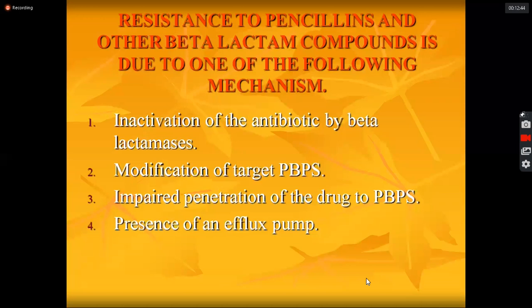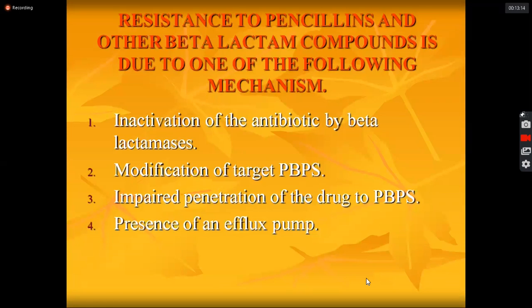Fourth is the presence of an enzyme produced by the bacteria, which, as I told you, could inactivate the drug. In the case of penicillin, the antibiotic is rendered inactive by the enzyme produced by the bacteria, that is the beta-lactamase. This is the most important mechanism of resistance seen in the case of penicillin, that is, production of beta-lactamases by the bacteria.